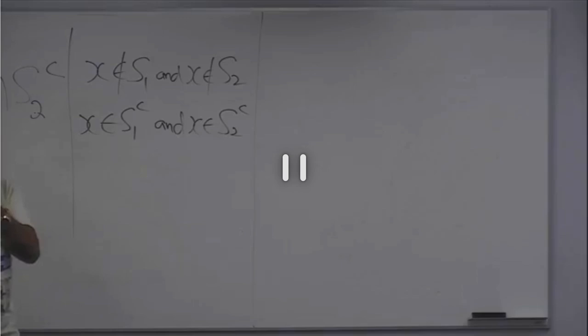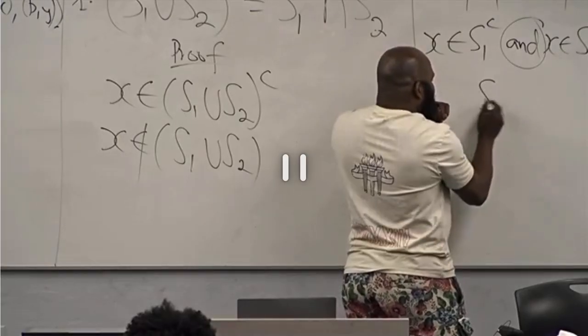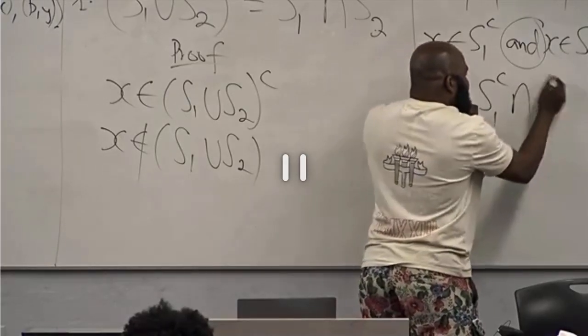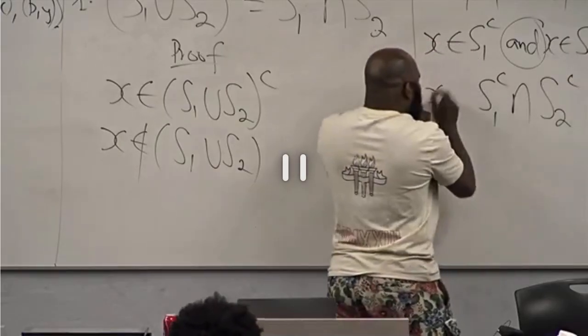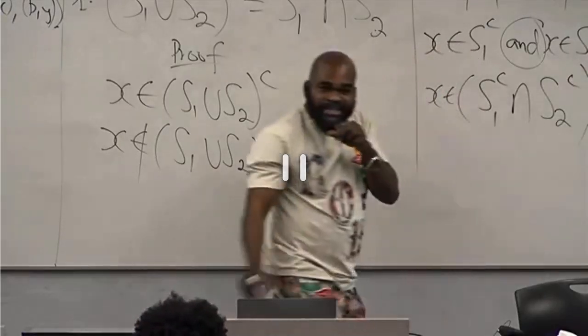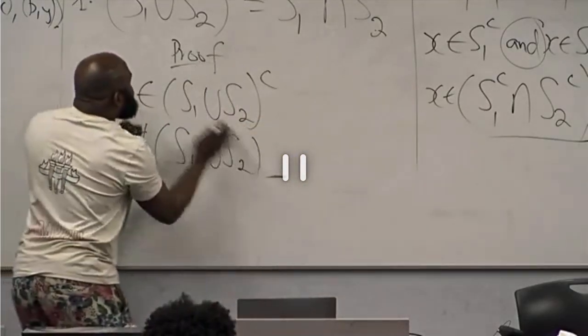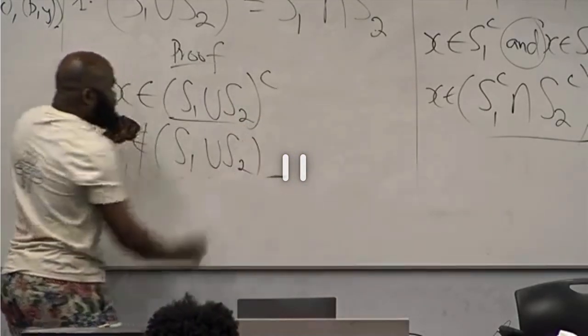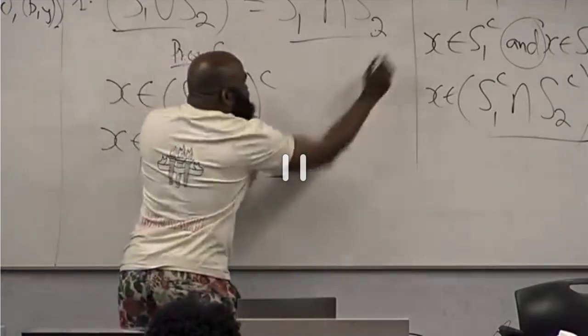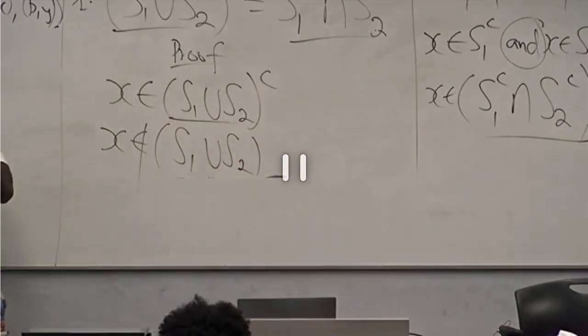So this guy now is actually going to be X1 complement intersect X2 complement, which means S lies in this. So what does that mean? So this is equal to that. That's how we know that that's equal to that. Done. I'm done.